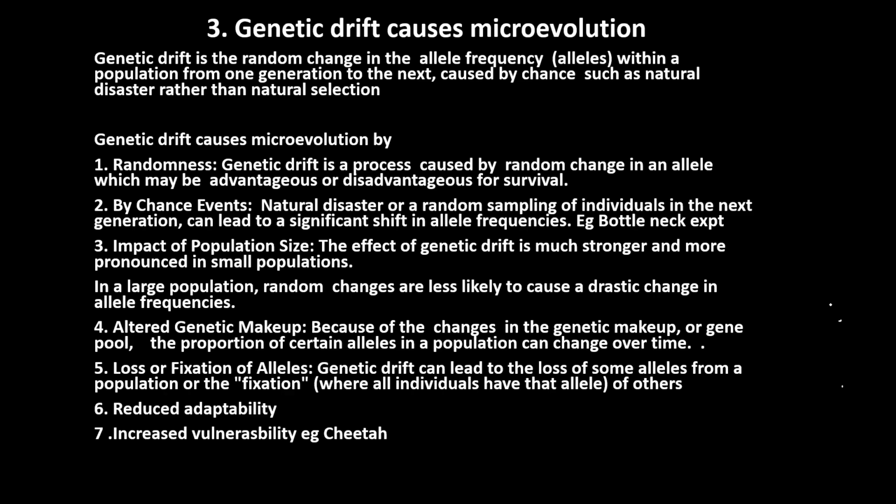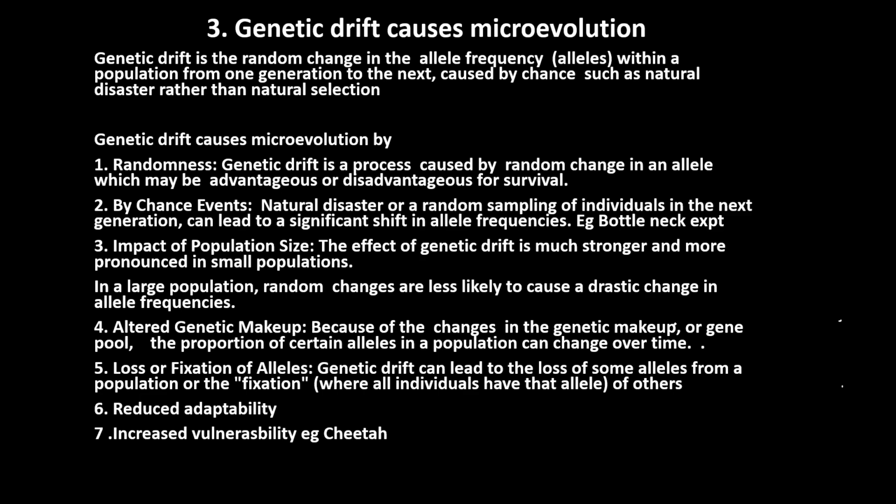And due to this randomness and natural disaster which occurs by chance, this significant shift of alleles or frequency occurs, and the effect of genetic drift is actually much stronger in small populations than in large populations. In a large population, such randomness does not occur.